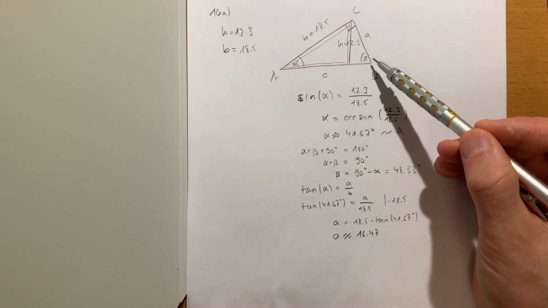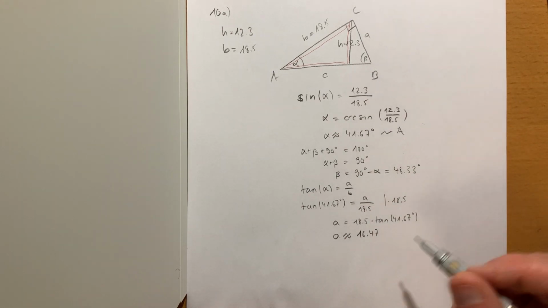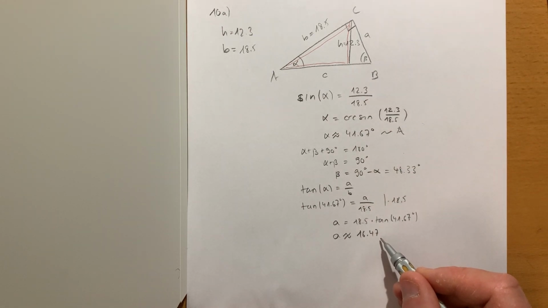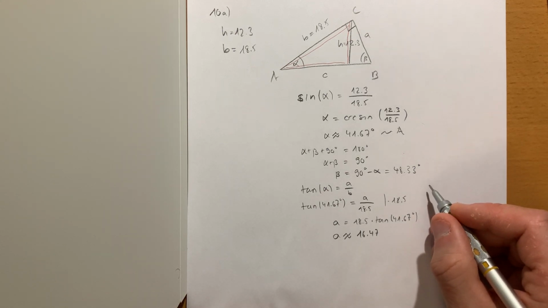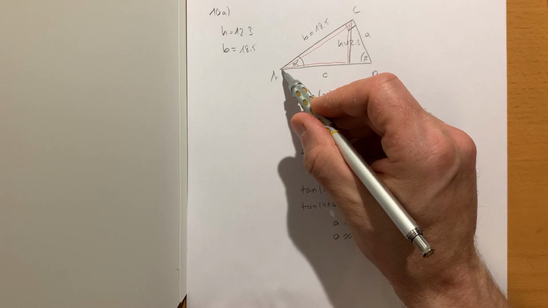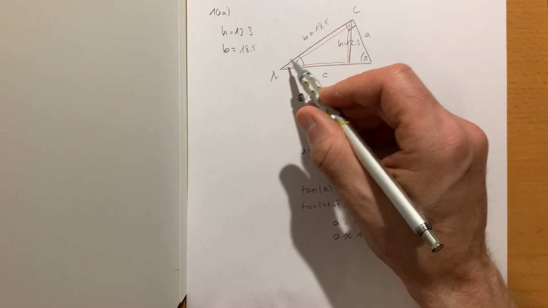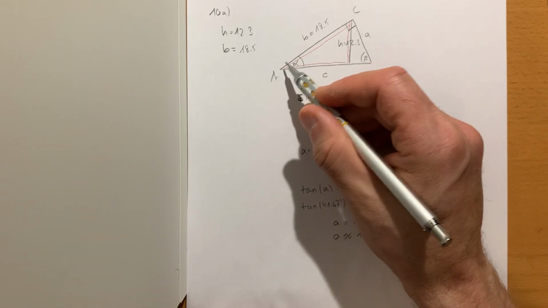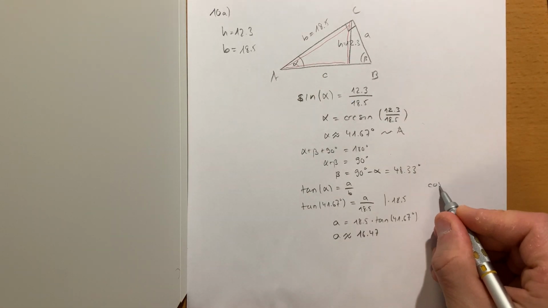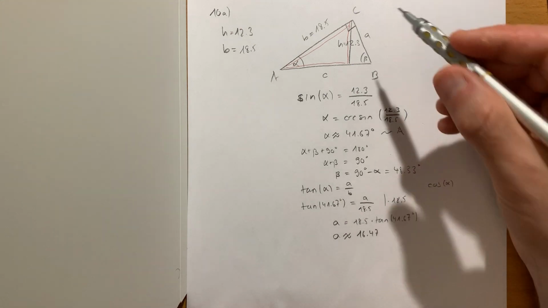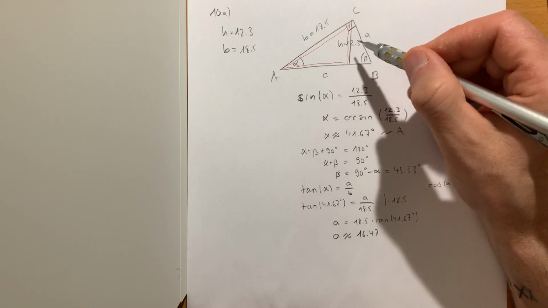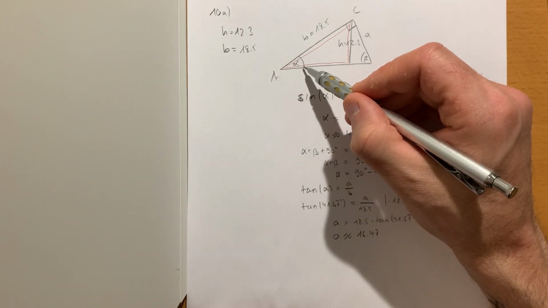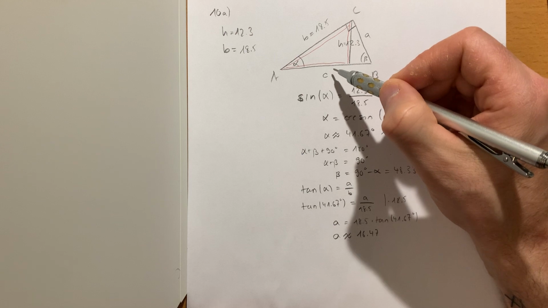So now we could work out c, either by using Pythagoras. B squared plus a squared is c squared. But I have not stored this value now. So I could do almost the same thing again with a sine or a cosine. Let's go for a cosine. I could have done it with sine, then I would have used a, but I don't want to use a because sine of alpha would be opposite over hypotenuse.